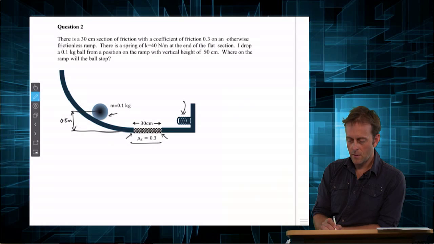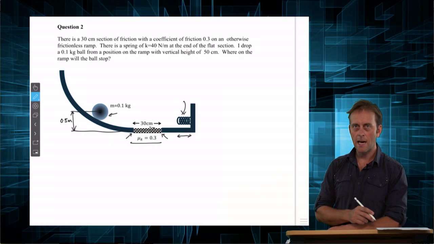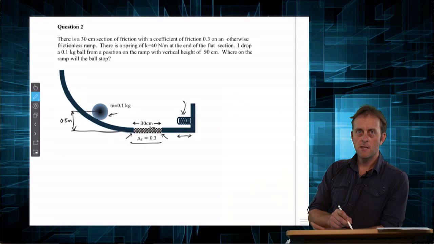Then they look at how far that's going to compress the spring, and then the spring will spring back and it'll go back across this and it'll lose some kinetic energy again, and it'll change its height. And then it'll just keep doing that, and they go through like 3 or 4 pages of derivation to do that. But it turns out that mgh, or the gravitational potential energy, is a conservative force.